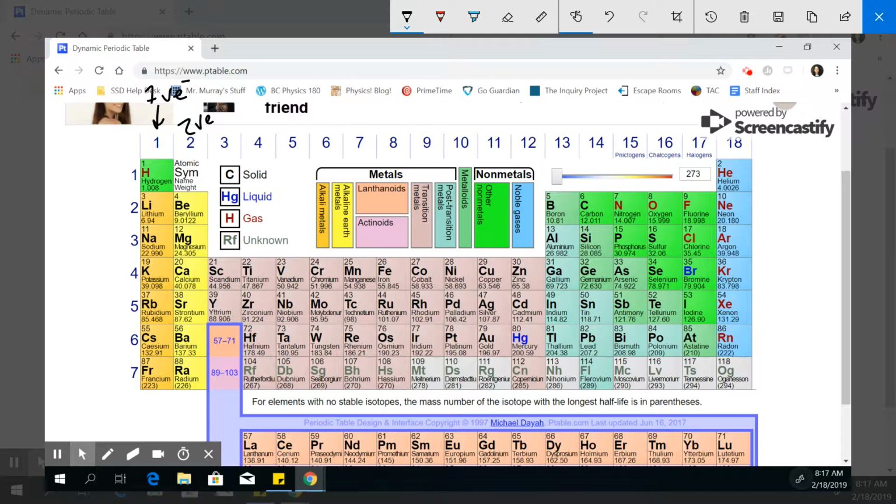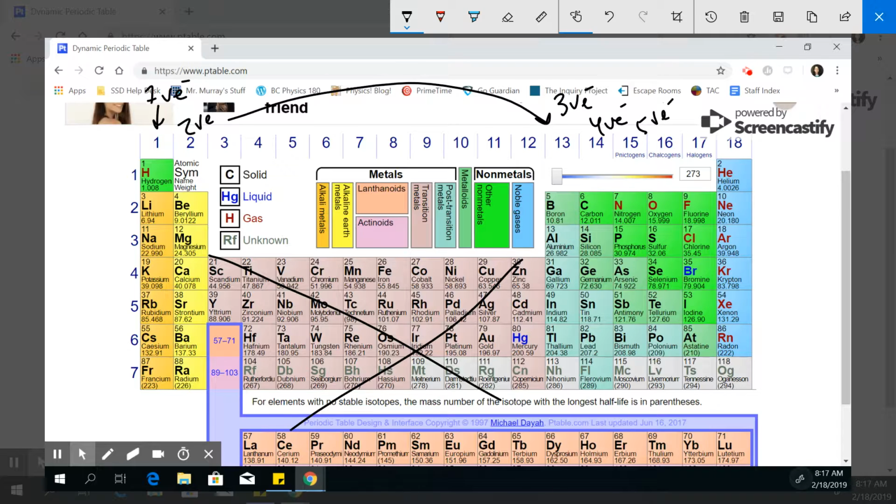And then if you skip, because we don't think about transition metals in this class, if we skip over to group 13, there are 3 valence electrons. 14 has 4 valence electrons. 15 has 5 valence electrons, and it keeps going until group 18, which has full shells.